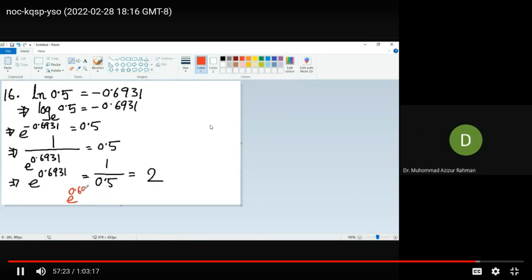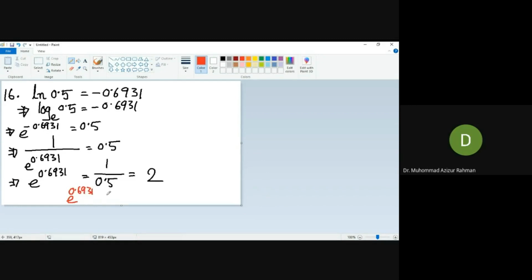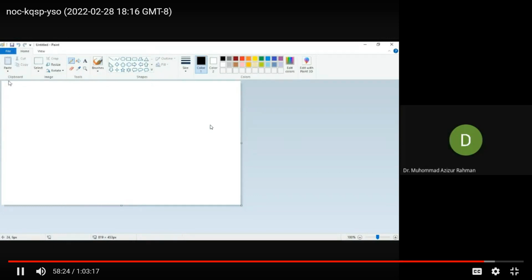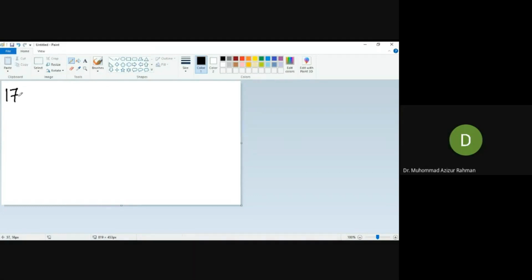Problem 17: we need to find the value of x. Given is ln e equals x. So we need to find the value.